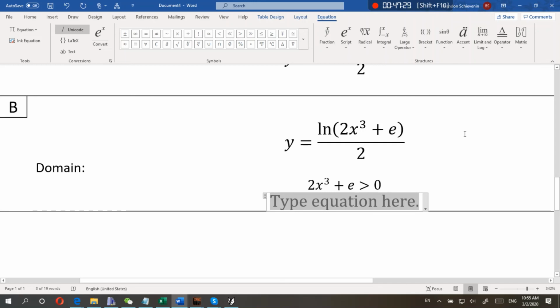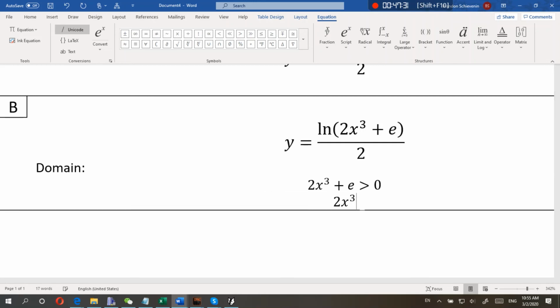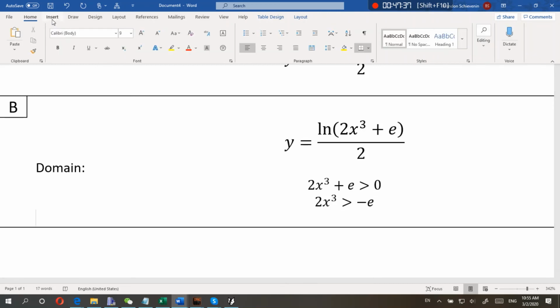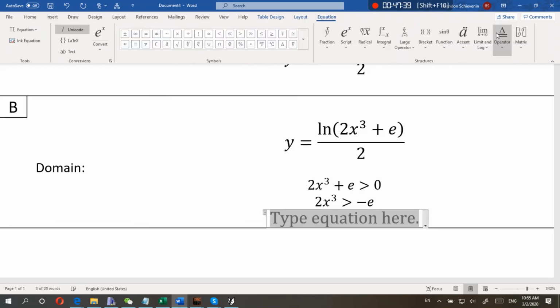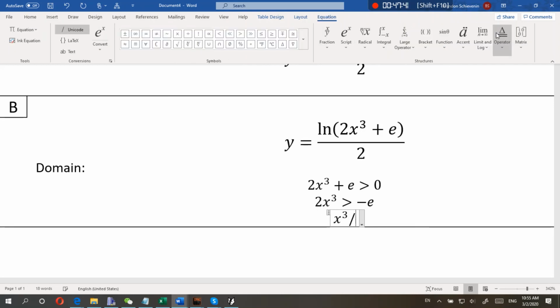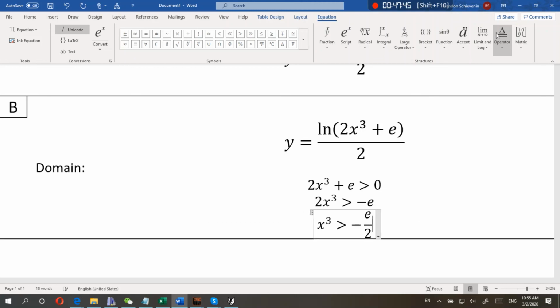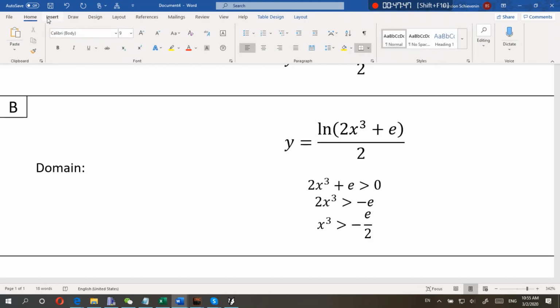So if that's true, then 2x cubed must be greater than negative e. I just subtracted e from both sides. I'm going to divide by 2 on both sides. So x cubed must be greater than negative e over 2. And then cube root both sides.